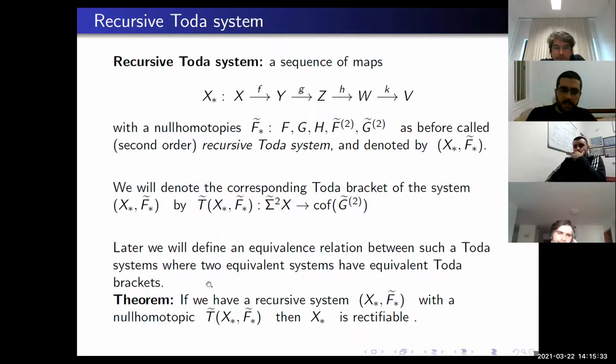And here we have this theorem: if we have a recursive Toda system where the Todas are null homotopic, then the underlying diagram is rectifiable.